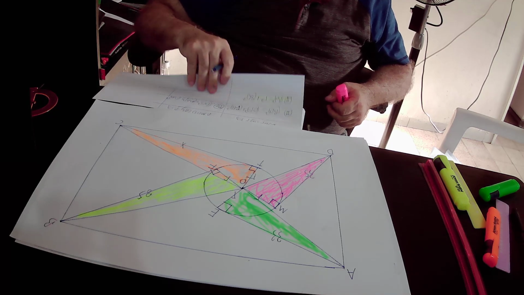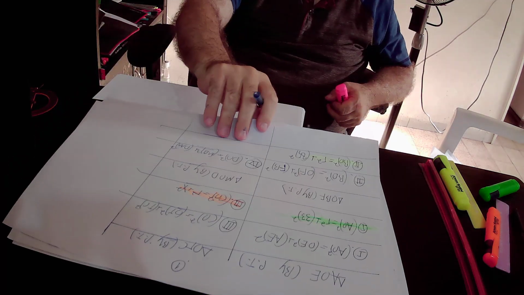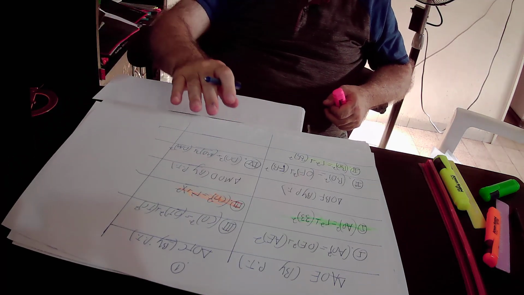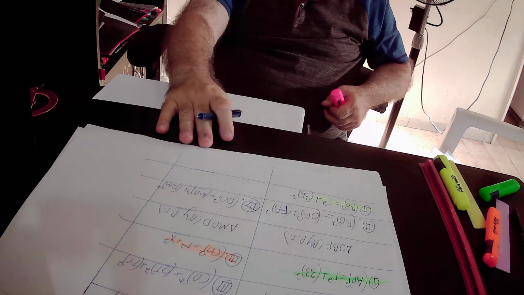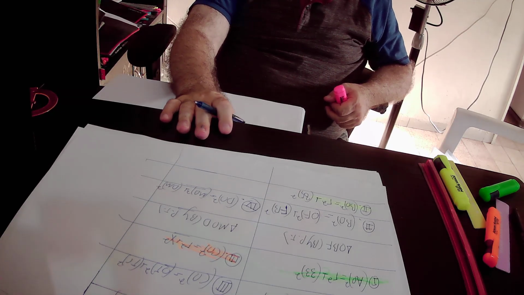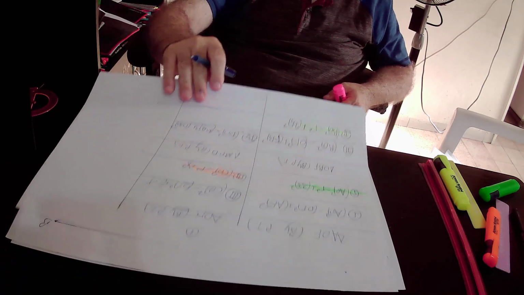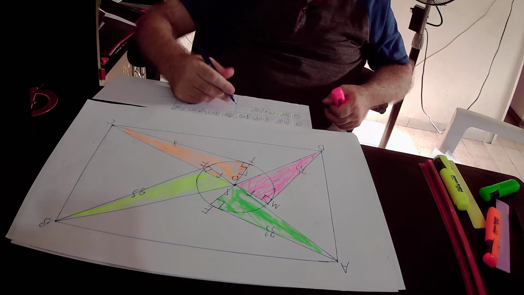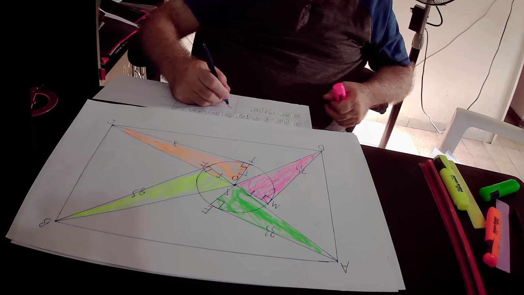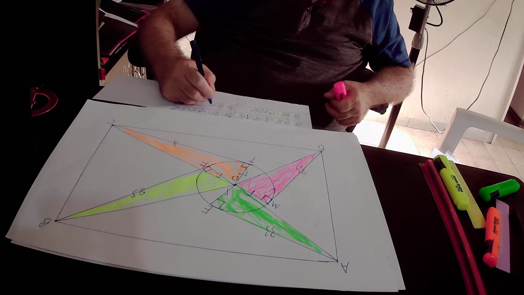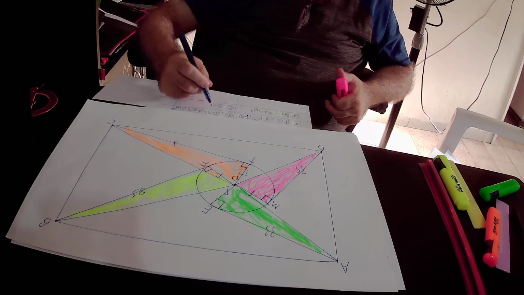Repeat again, in the right pink triangle MOD, according to the Pythagoras theorem, DO square equals MO square plus DM square. So DO square equals MO square.